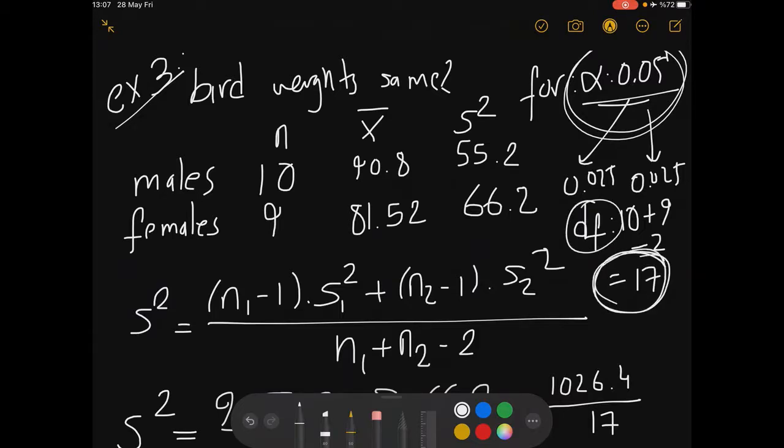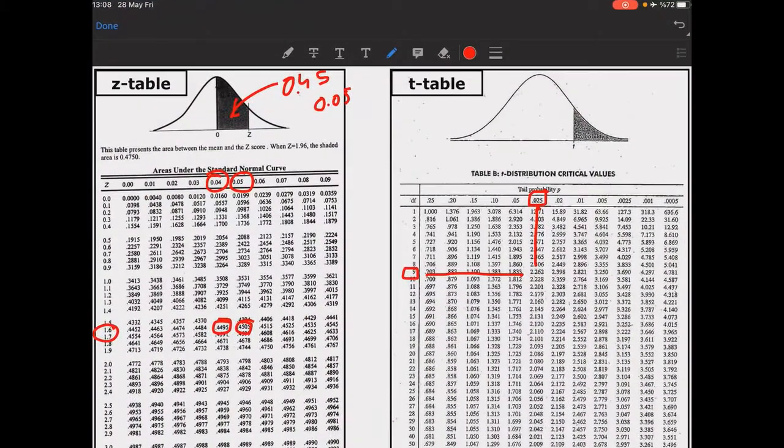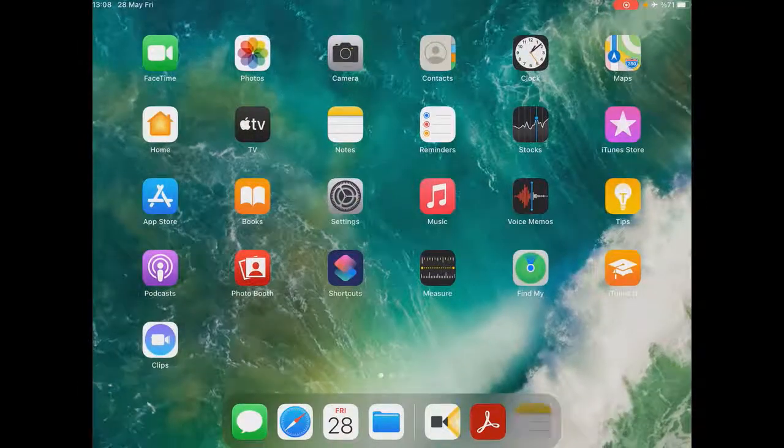For degree of freedom of 17, we look up the 0.025 value from the table, and it is 2.11.